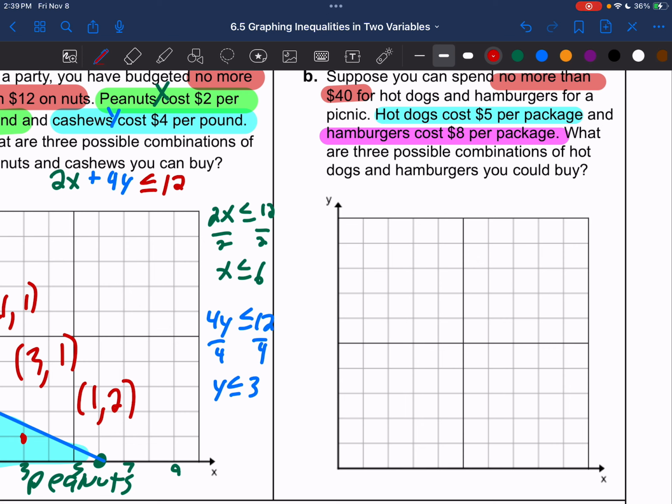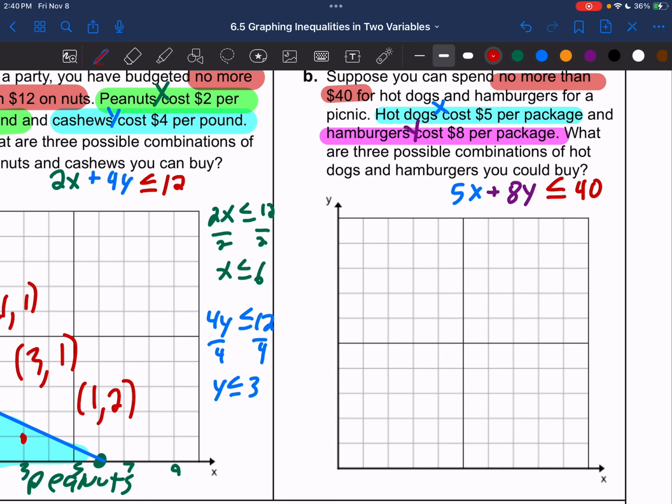So when we write our inequality, we have 5, and we're going to say hot dogs are x, so we have 5x, plus hamburgers, burgers are going to be y, so plus 8y, has to be less than or equal to 40, right? The amount that we spend has to be less than the amount that we have.